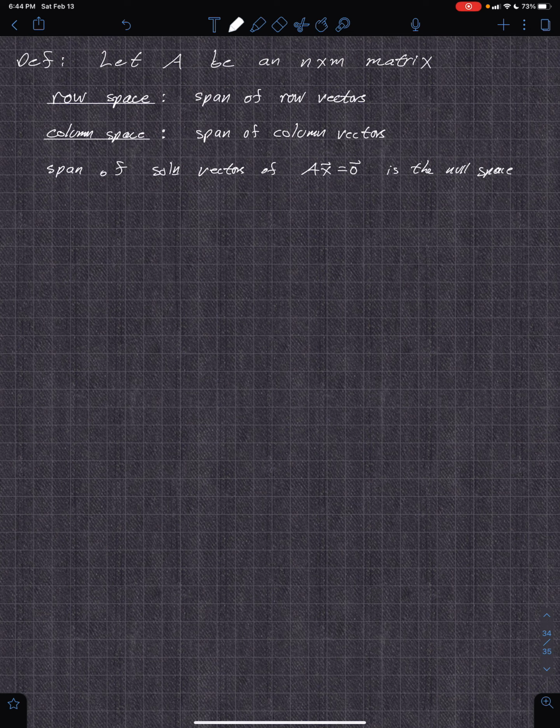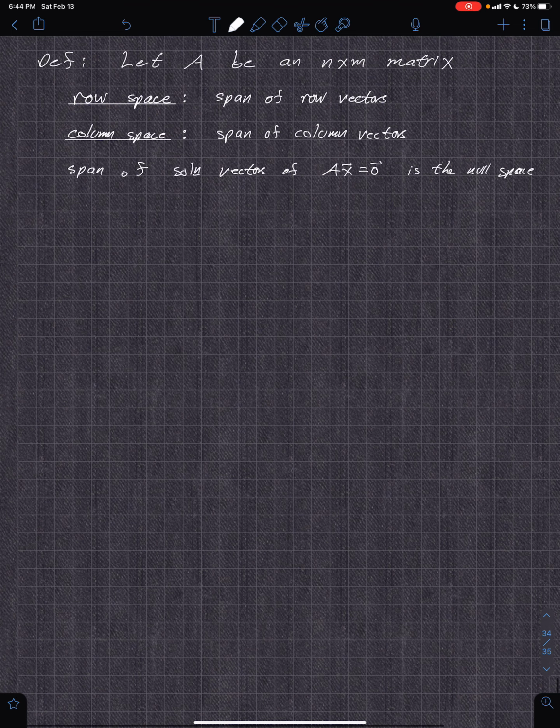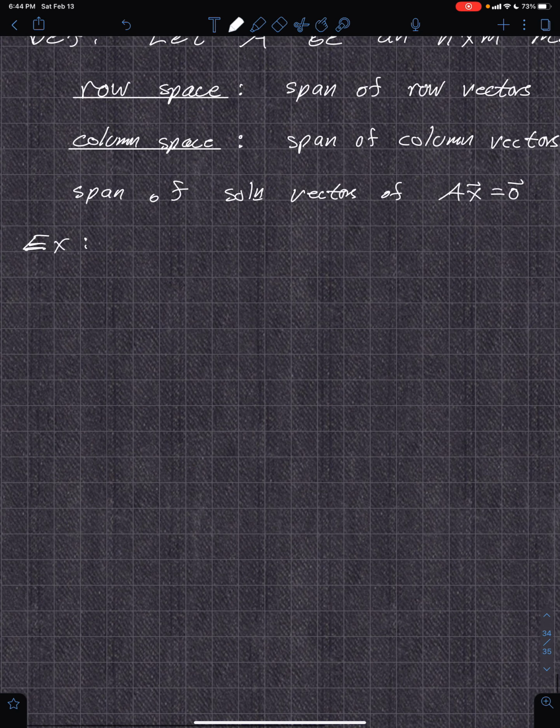Okay, let's look at an example of this. And this time I just chose the book example because it's pretty straightforward, but we can talk about it. So this is just from the book. So we have our matrix A, we're going to say is 1, 0, 3, and 0, 1, -1.